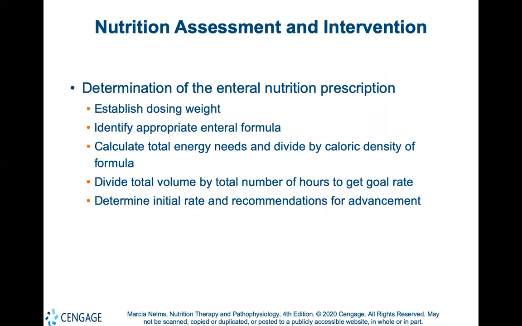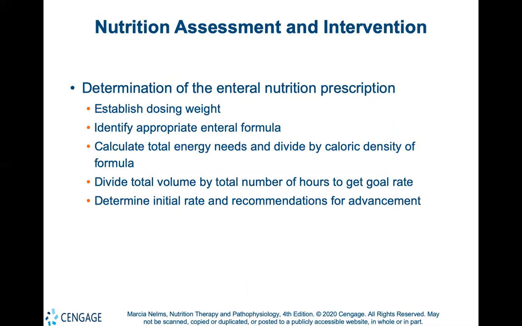The enteral nutrition prescription will be based on the registered dietitian nutritionist's nutrition assessment and recommendations. The steps in determining the nutrition prescription are the following: establish dosing weight, the patient's stable weight from which calculations should be made, and protein, energy, and fluid requirements.